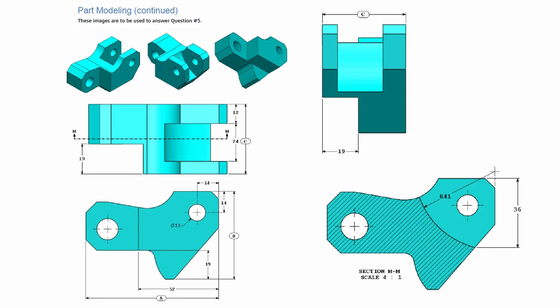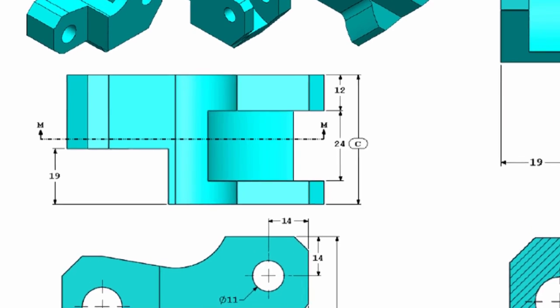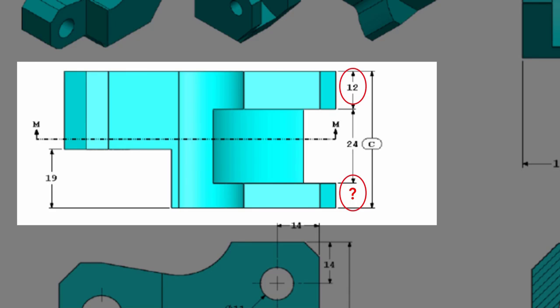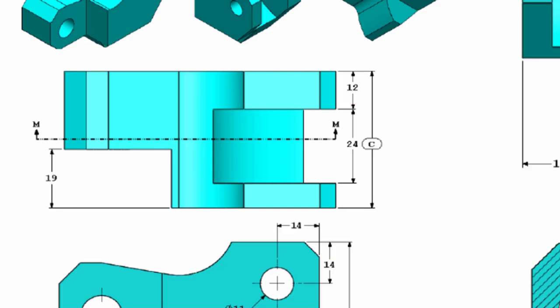Now, a couple of things with this particular model. One is the radial cut is not going to be symmetrical. We can see that inside of the top view. We have a 12 millimeter thickness at the top, but not at the bottom. So that's not going to be a symmetrical cut.